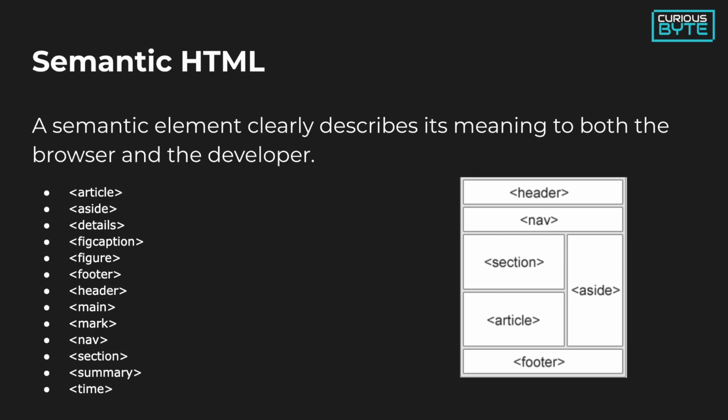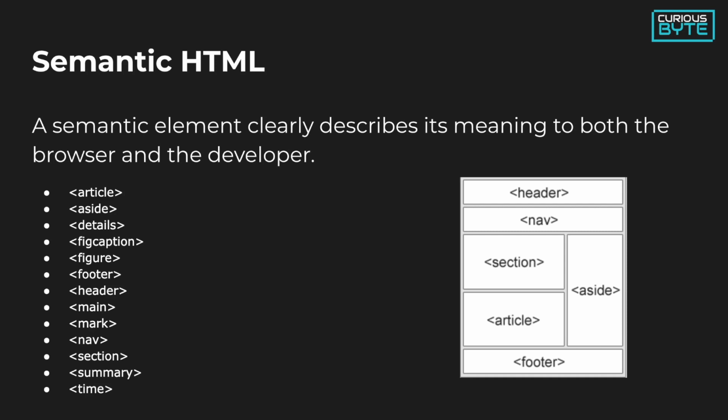Now Semantic HTML is a huge part of how the web works. Going forward, a lot of the big browsers are pushing for Semantic HTML and are favouring websites that use it. If you look at the image on the right, you can see that the header is clearly dictated by its name, the nav being the navigation, and the section denoting a separate section, so you can have multiple sections.